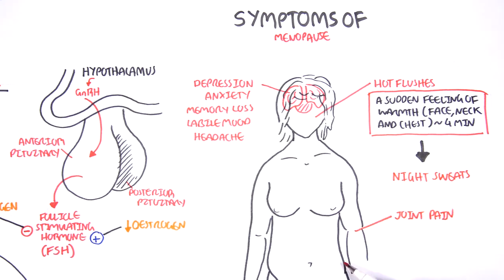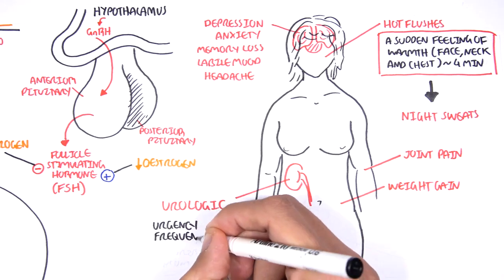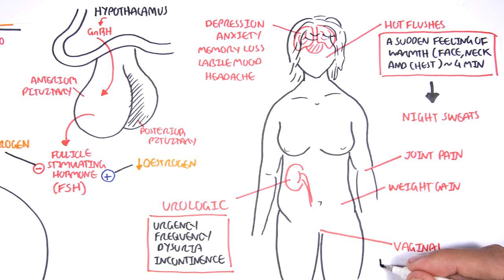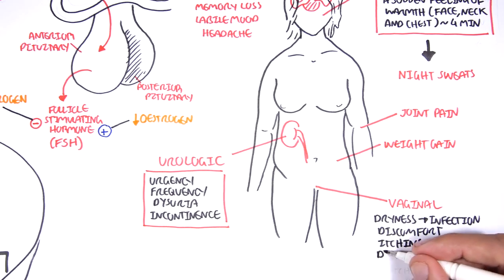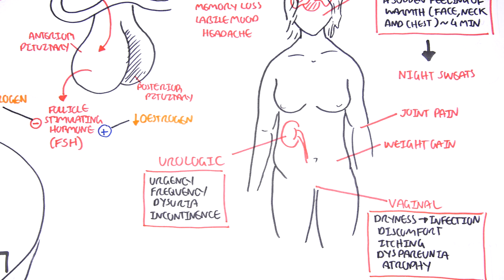Other symptoms include joint pain and weight gain. Urological symptoms include urgency, frequency, dysuria, and incontinence. Vaginal symptoms and signs include dryness, which increases the chance of the female getting urinary tract infections as well as other infections. There's also discomfort, itching, dyspareunia, and vaginal atrophy.